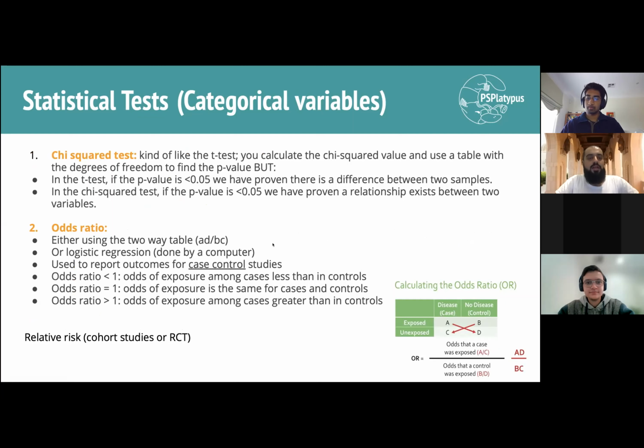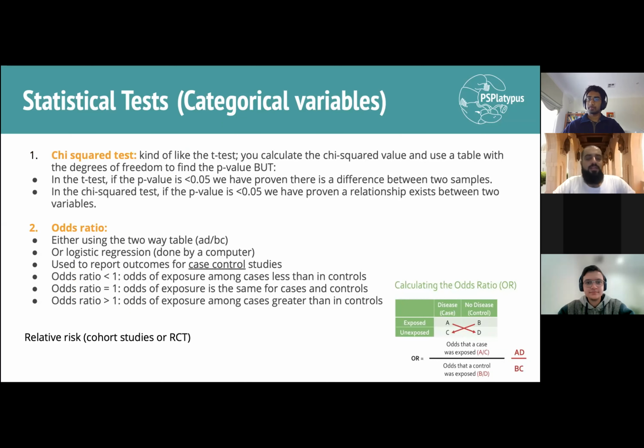So chi-squared test is the same as t-test, where we calculate the chi-squared value and use the degrees of freedom table that we talked about 2 weeks ago, the t multipliers table, to find the p-value, and then we can analyze this.